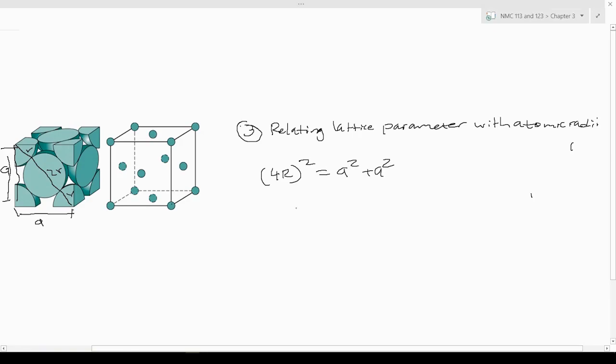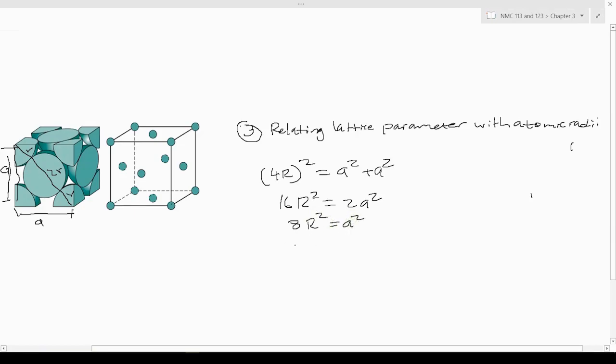This would be 16r squared equals 2a squared, and then you have 8r squared equals a squared.